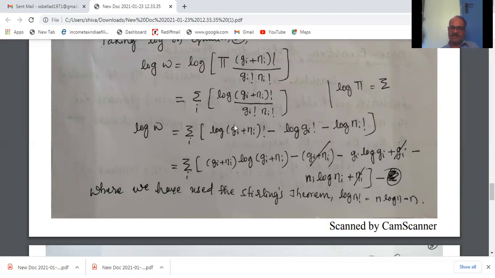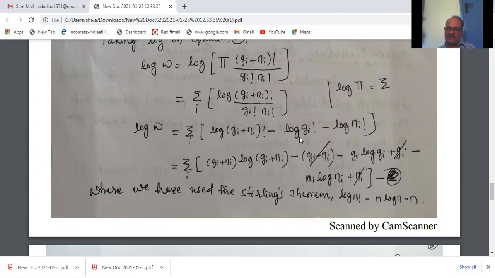So that is the formula. Using that formula, I am expanding this log of (gi plus ni) factorial. So this becomes (gi plus ni) into log of (gi plus ni) minus (gi plus ni). This is the expansion of this term using Stirling's approximation.